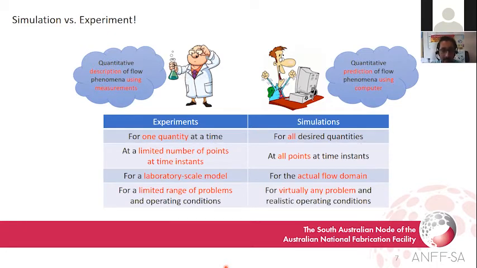With the experiment, you have less maneuverability because you have a limited number of things that you can measure, but with the simulation you will have the history of the parameter. For example, you will find the history of the temperature at different times and different points. When you jump into the laboratory, you need to work your case at laboratory scale, but with the simulation you can re-scale it easily and do the actual fluid domain.